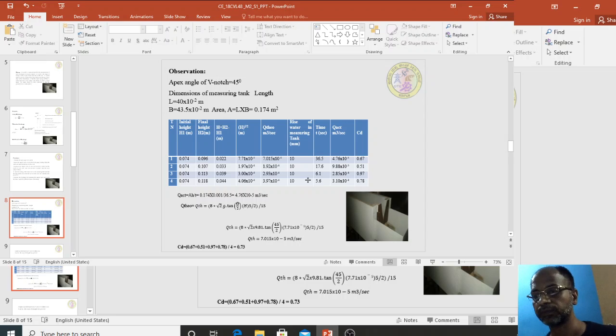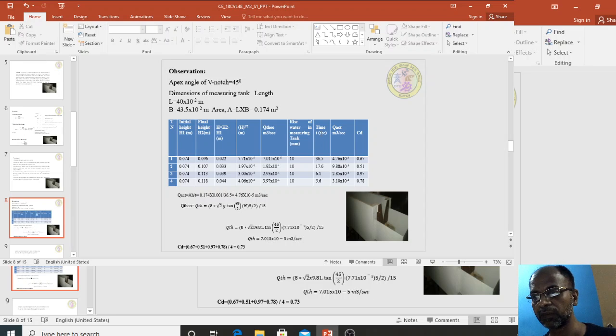Now, the first trial. In the first trial, the time taken is more compared to the last trial, because in the first trial the valve opening is only 25%.